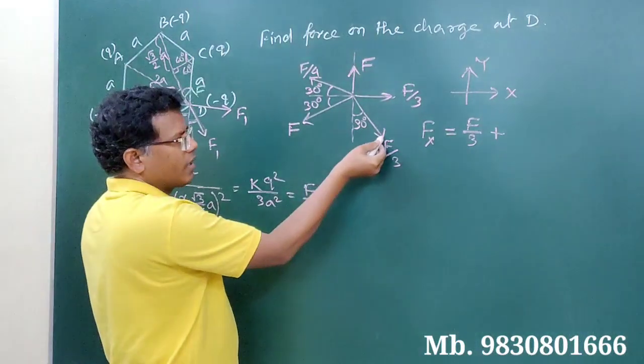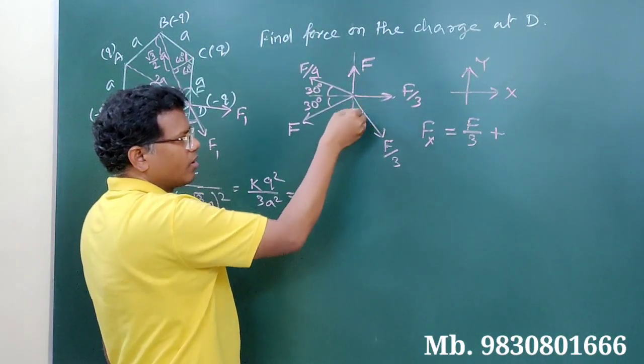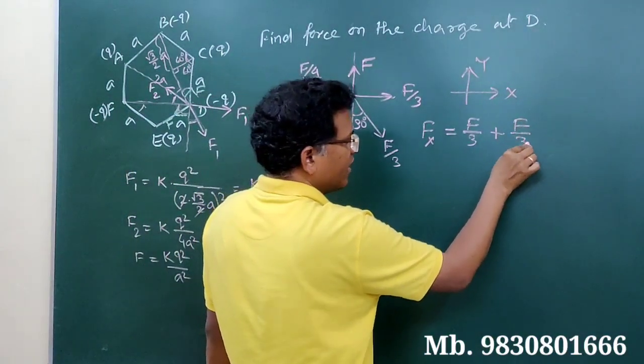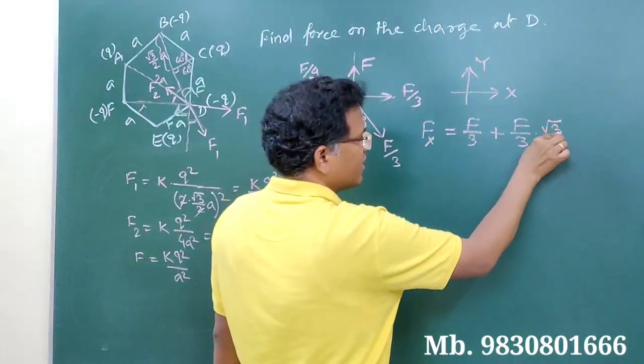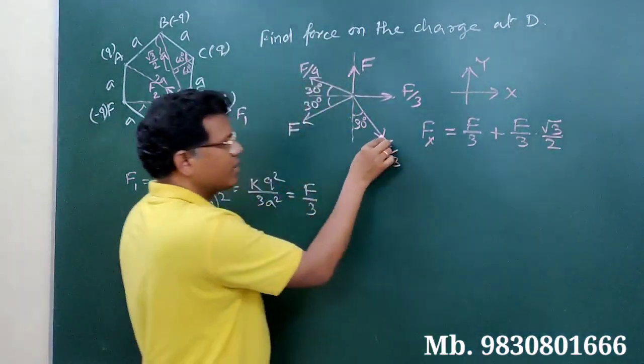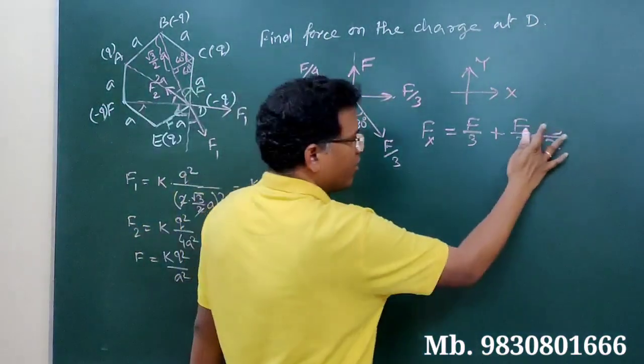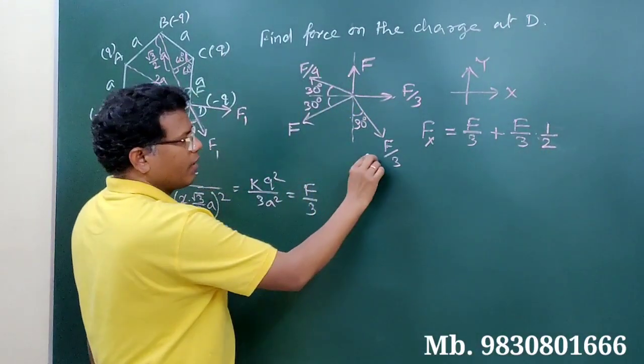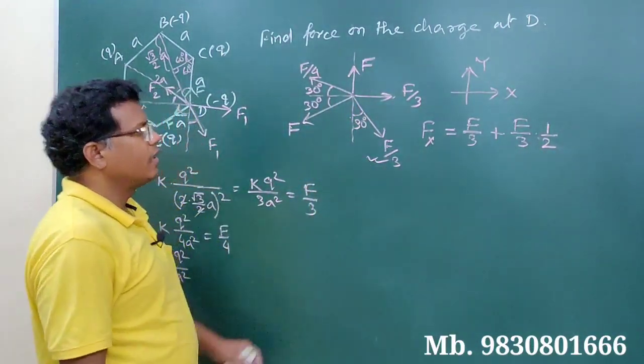Now I can resolve this F by 3 based on 30 degrees. So here it will be F by 3 sine 60, and sine 60 can be written as root 3 by 2. Then F by 3 sine 30 will be there, so into half. So I have resolved this one along X.